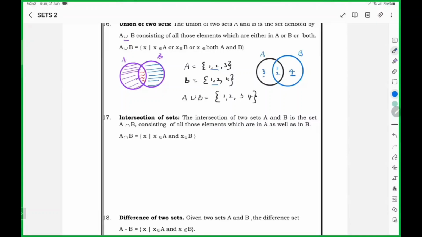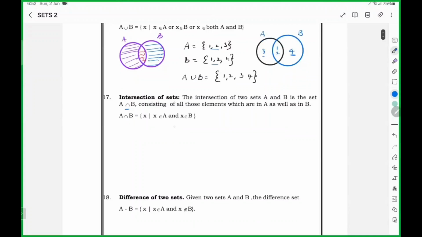Intersection is represented with this symbol. So here, how is it defined? It should belong to both A and B. So that means, this is A, and you have to find the common elements of both A and B. Let us take one example in the listed format: A is 1, 2, 3, 4.